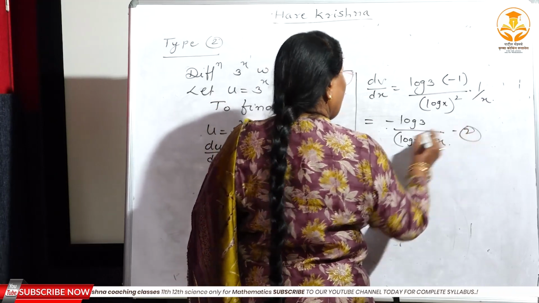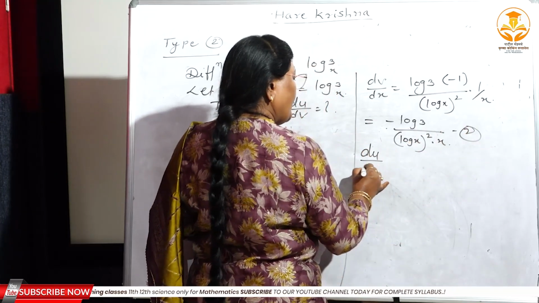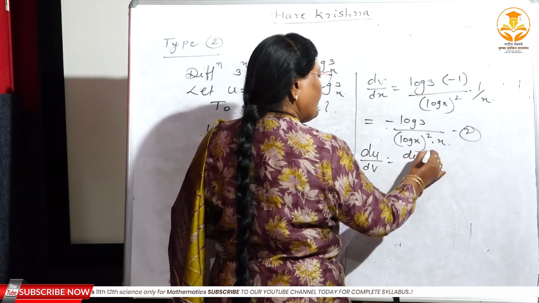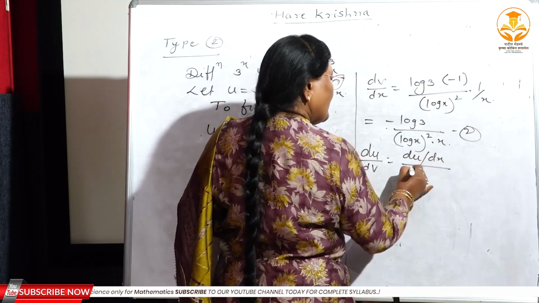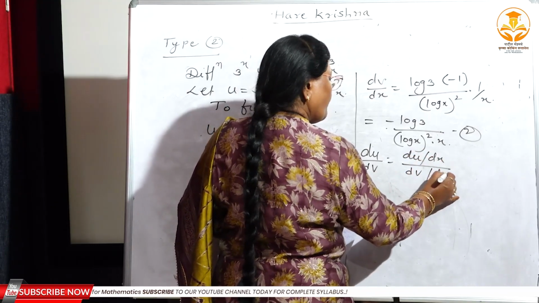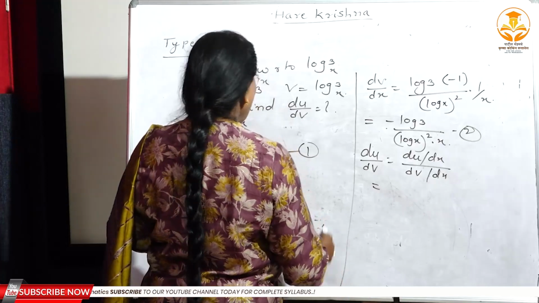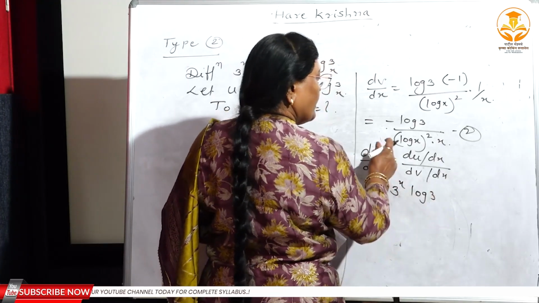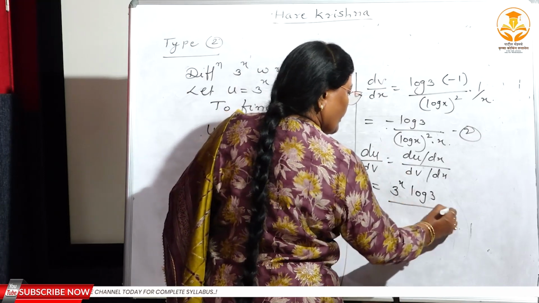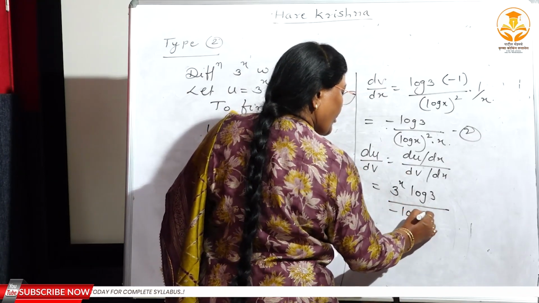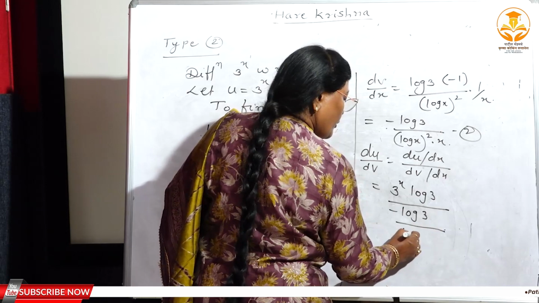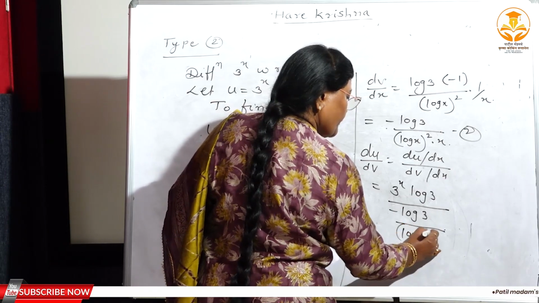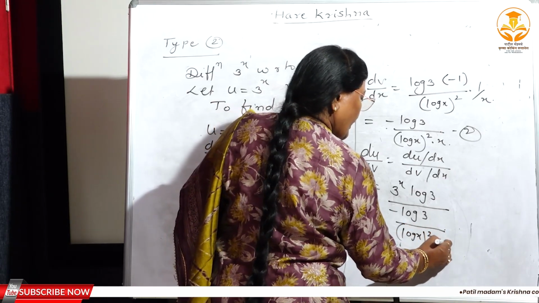This is simple. Therefore du divided by dv is equal to du divided by dx and dv divided by dx. What is du by dx? 3 raised to x log 3. And here again see, minus log 3 divided by log x whole square into x.